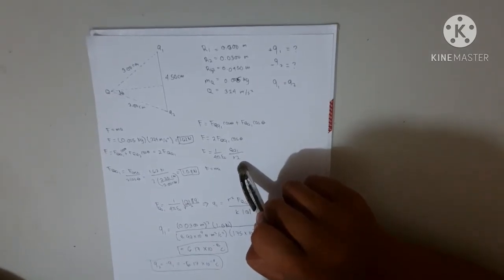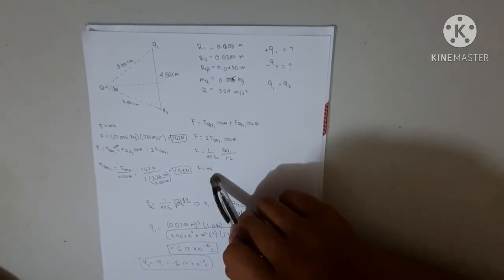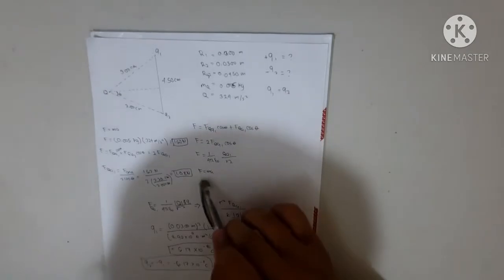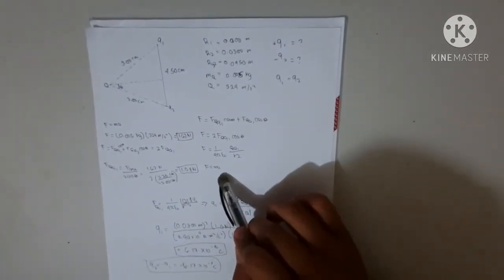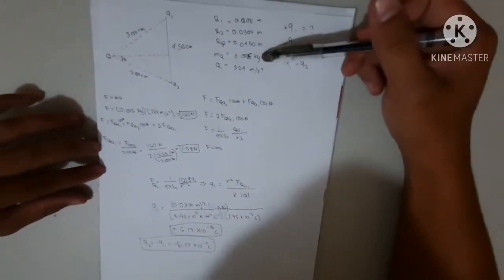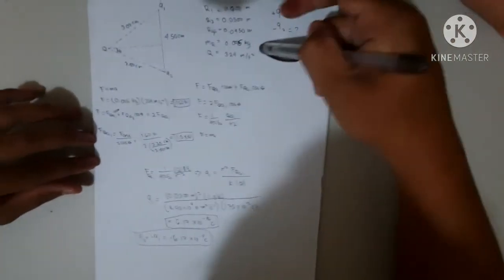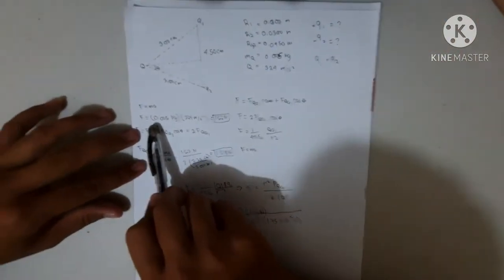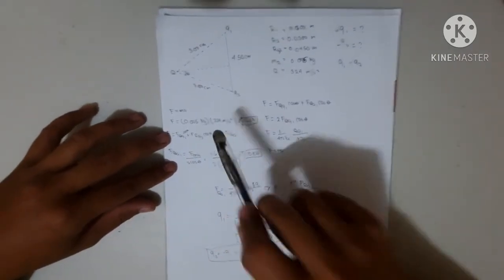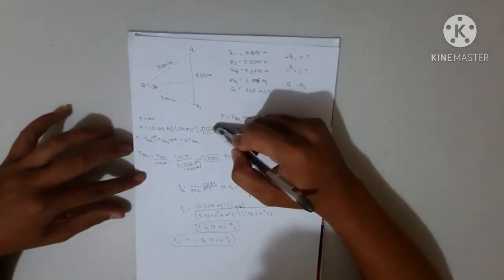We also know that force is equal to mass times acceleration. Since we have the mass here and its acceleration, we're going to solve for it. So 0.005 kilograms times 324 meters per second squared would result to 1.62 newtons.